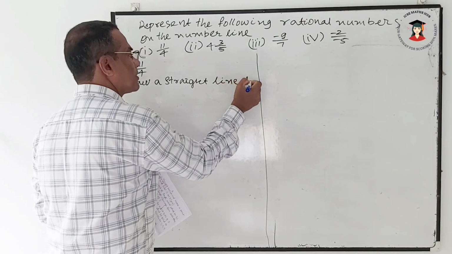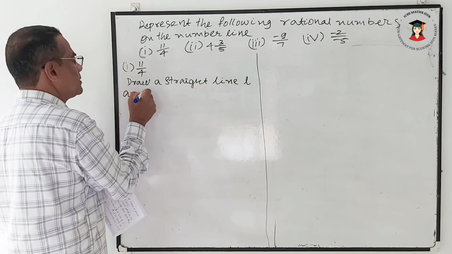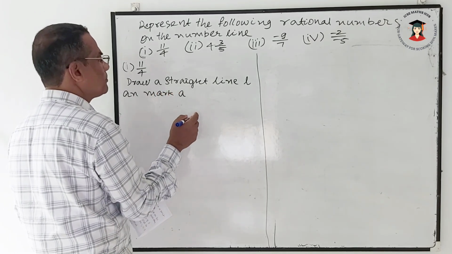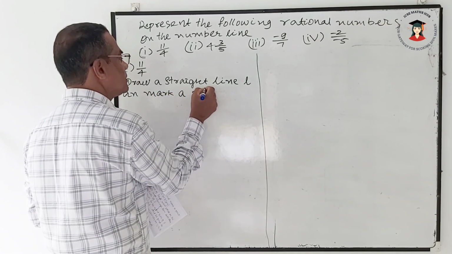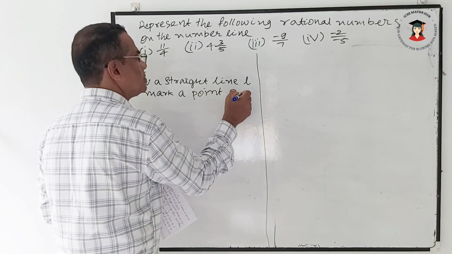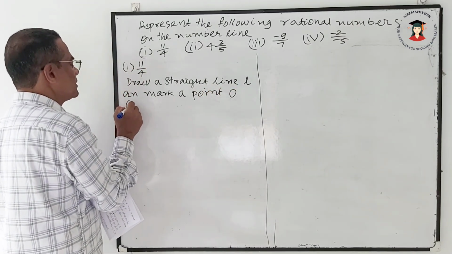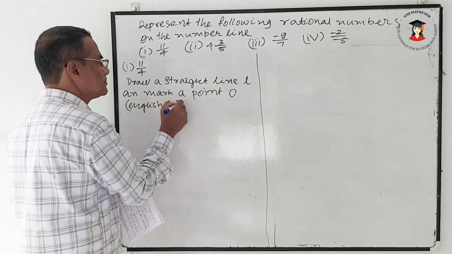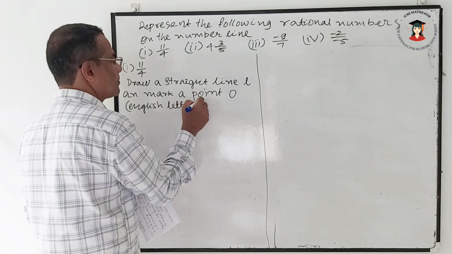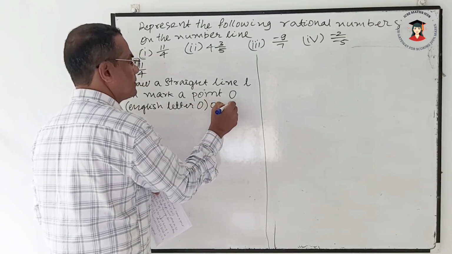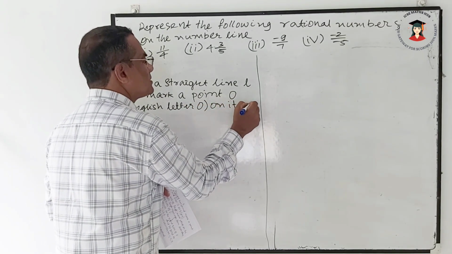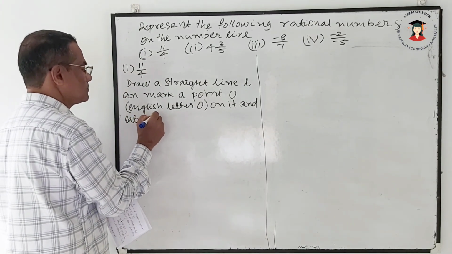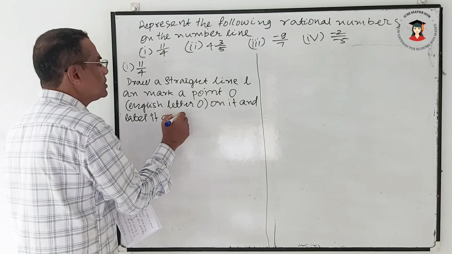Draw a straight line L and mark a point O on it, O meaning the English letter O, and label it as 0.